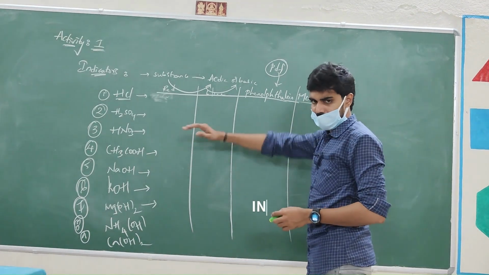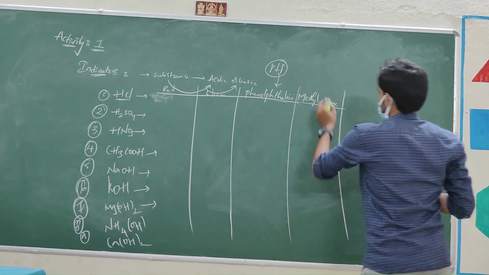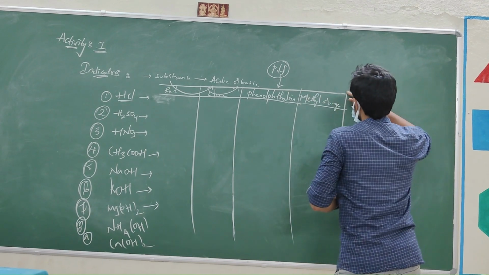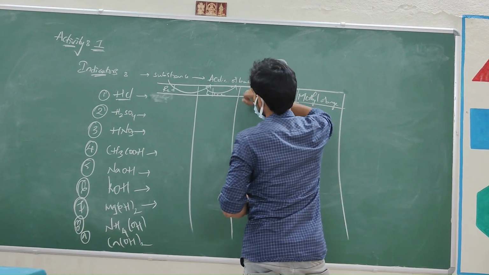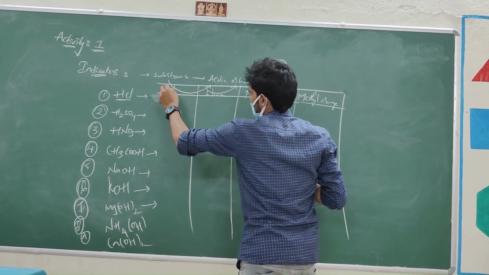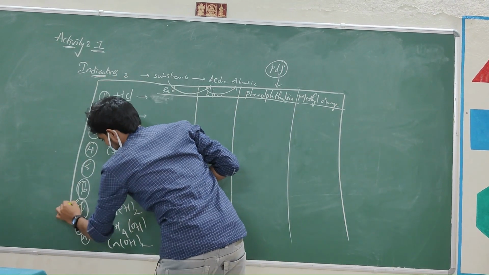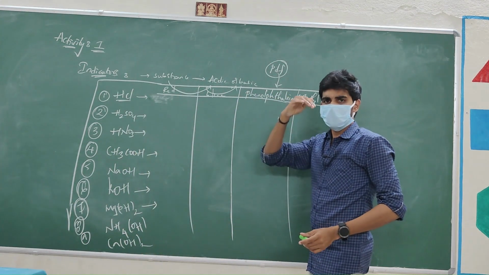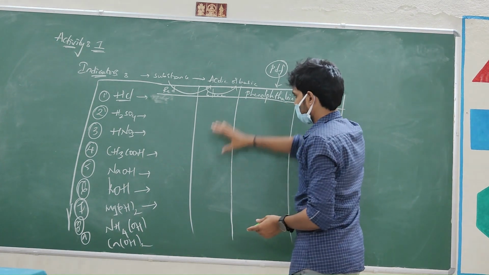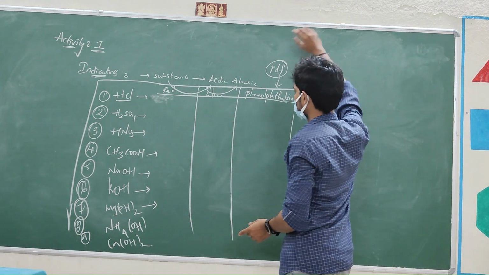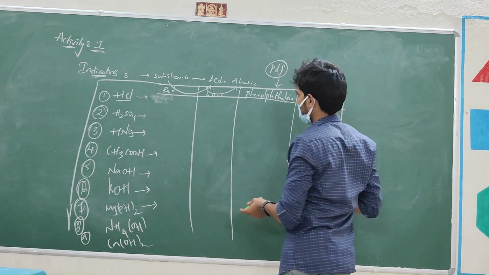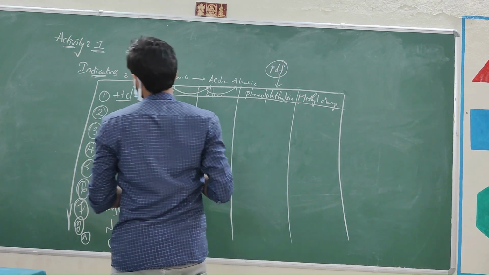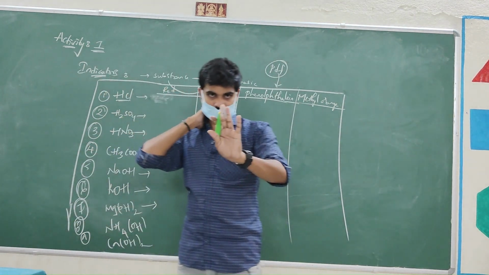Try to complete the table using the PDF, and I'll provide the answers in the next video. Just copy it and try to find the answers using the PDF. Keep that in mind, and we'll move on to activity 2.